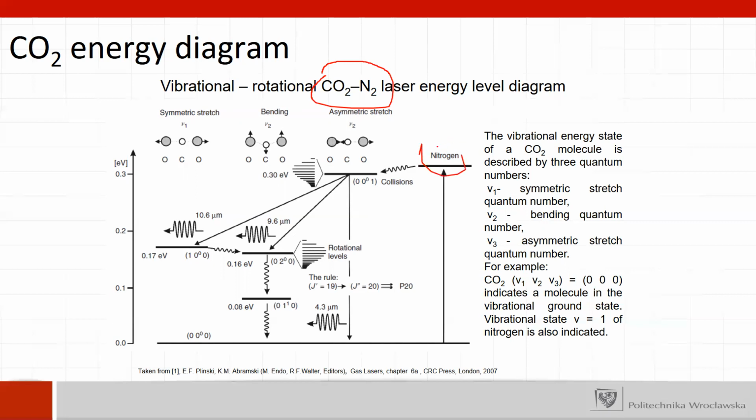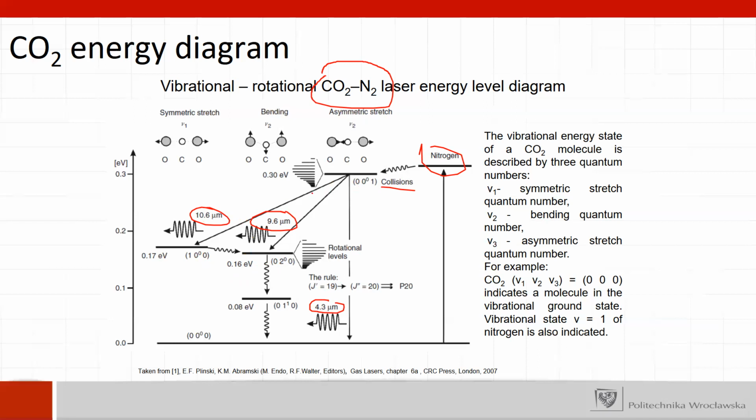We excite nitrogen, and nitrogen collides with the CO2 molecule and transfers the energy to the CO2 via these collisions. And depending on the wavelength that we want to achieve, we have different possibilities: 10.6 micrometers or 9.6 micrometers, or also 4.3. But the most common is, of course, 10.6.